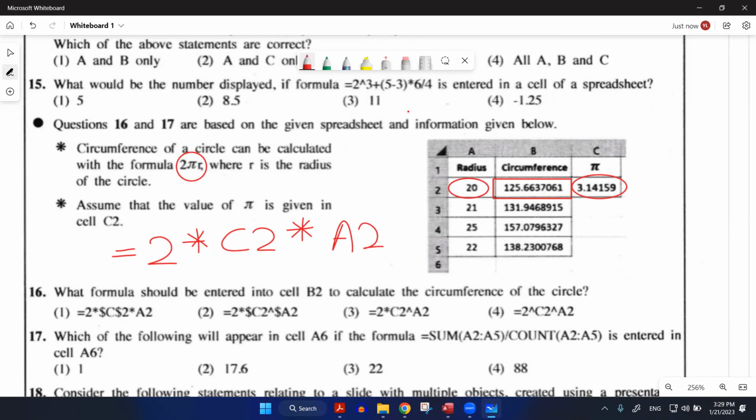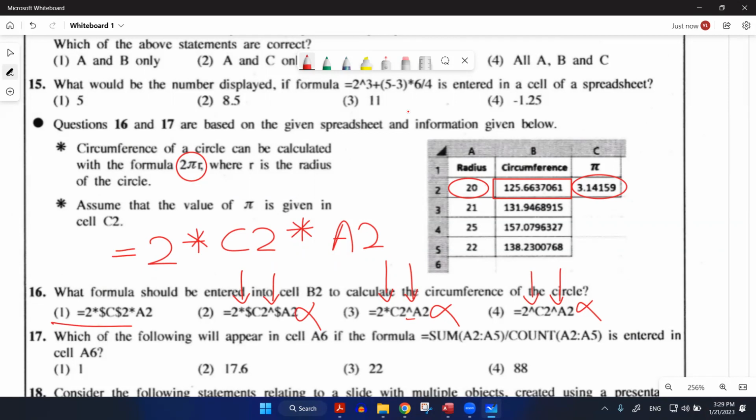You can see the fourth answer is disqualified because it uses power, so it is wrong. Here 2 star is there, but power is used, so this is wrong as well. Here they use 2 star, but again power is used, incorrect again. So the only answer that can be taken is the first one.